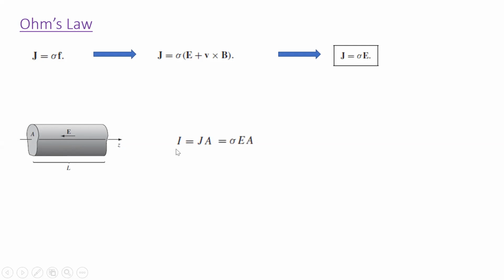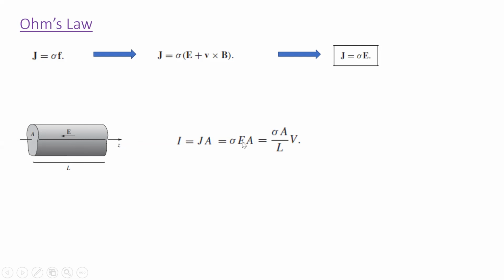According to Ohm's law, we can replace the current density J with sigma times E, because the current density is proportional to the applied electric field. And then finally, we can replace the electric field with the voltage difference between the two sides divided by the length L.